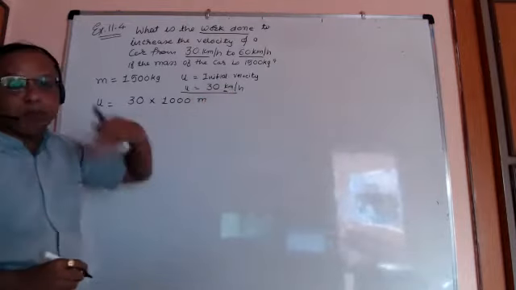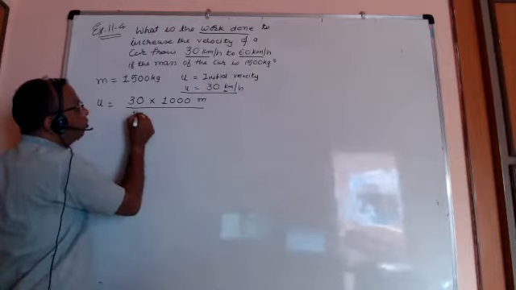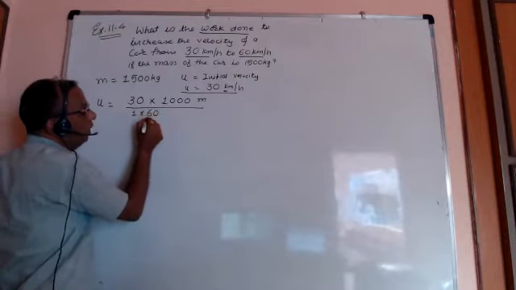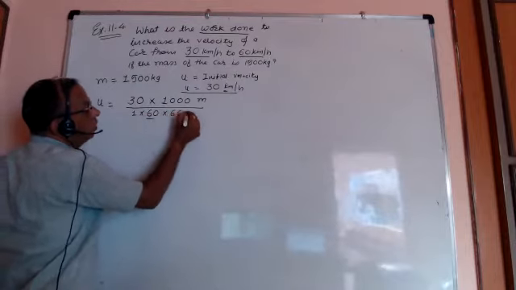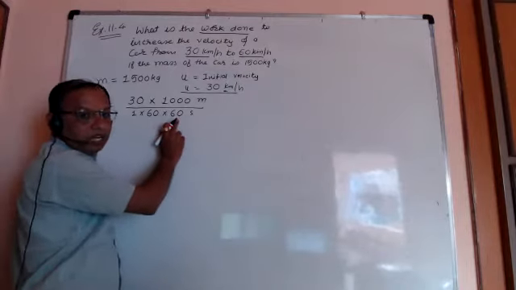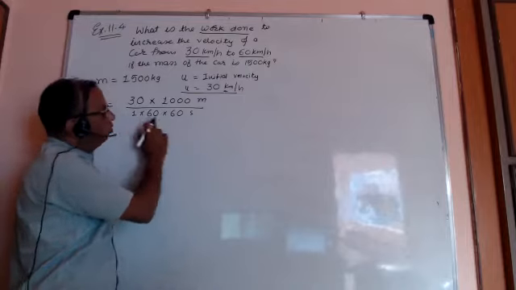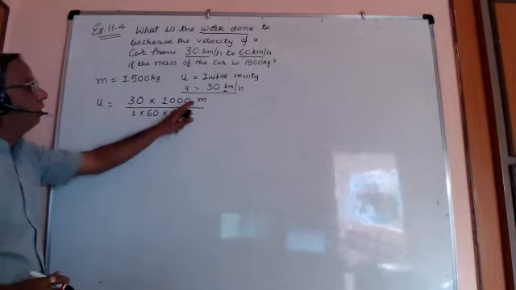And per hour, per means in 1 hour, so this is 1 hour, which is 60 minutes and 60 seconds. Total 1 hour has 3600 seconds. So this is written like this, meter and second.